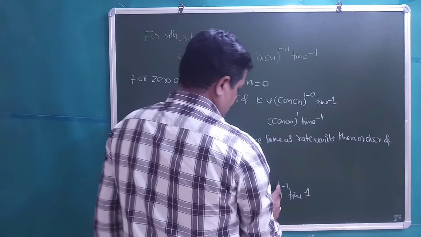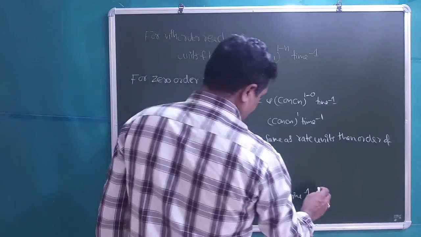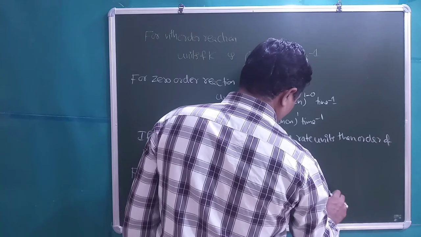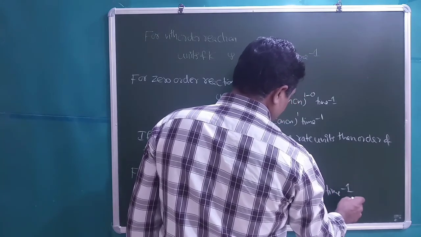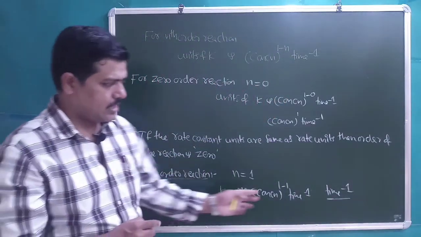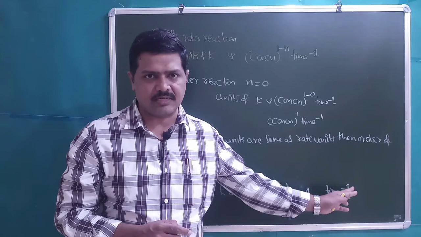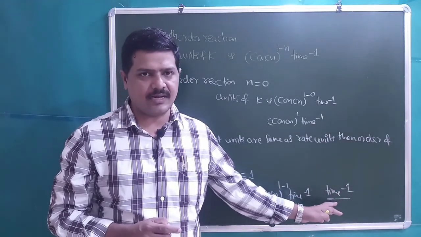So 1 minus 1 is 0, concentration power 0, and anything to the power 0 is 1. So K units are time inverse. So students, we can also predict the order of the reaction: if it is a first order, the units of rate constant are time inverse. Similarly we will do for the second order and third order.